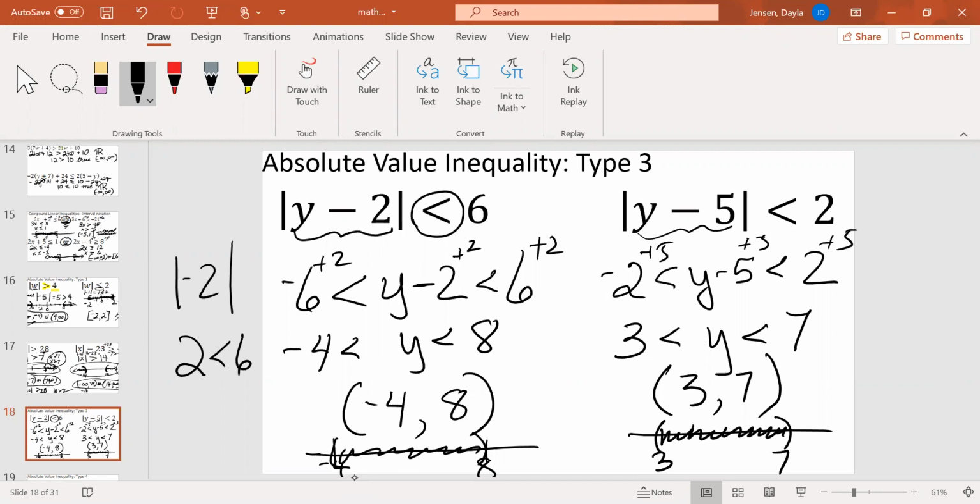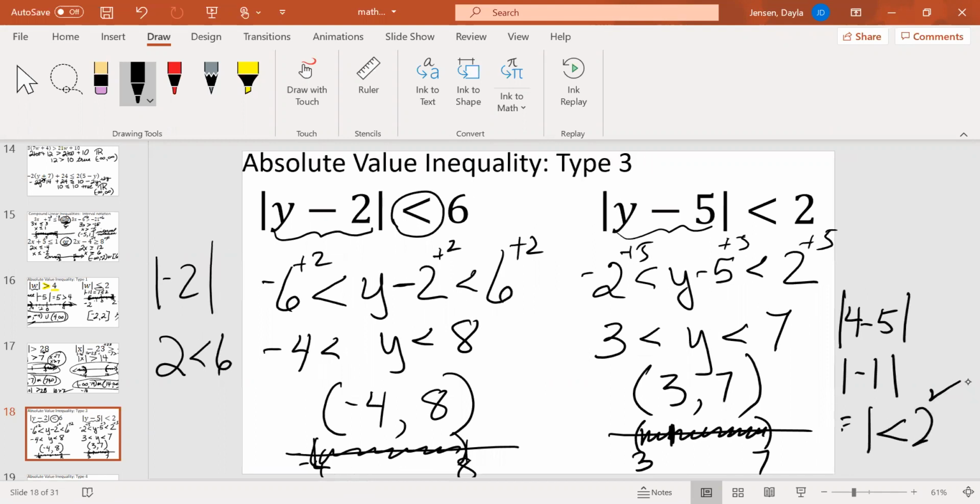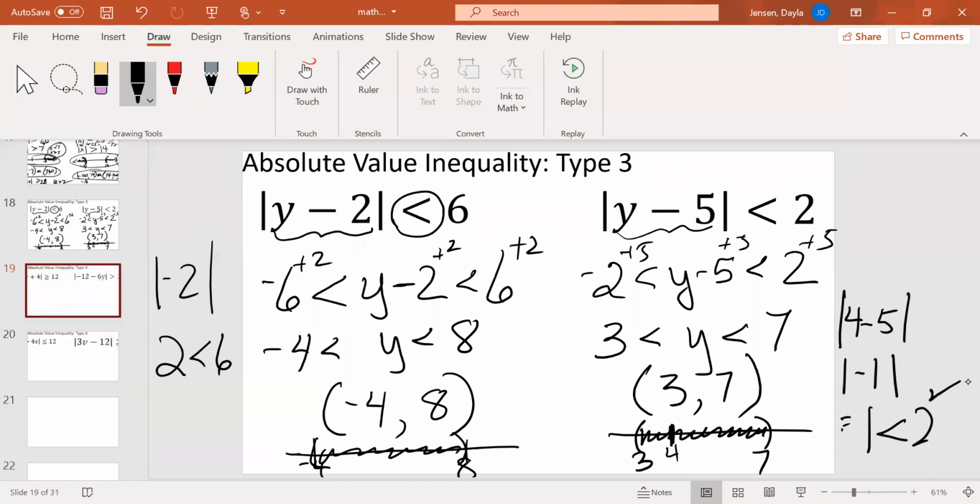If I know 4 is in my solution set, the absolute value of 4 minus 5 is the absolute value of negative 1, but that's just 1, and 1 is less than 2. So that just shows that that particular number that's in the solution set does solve the inequality.